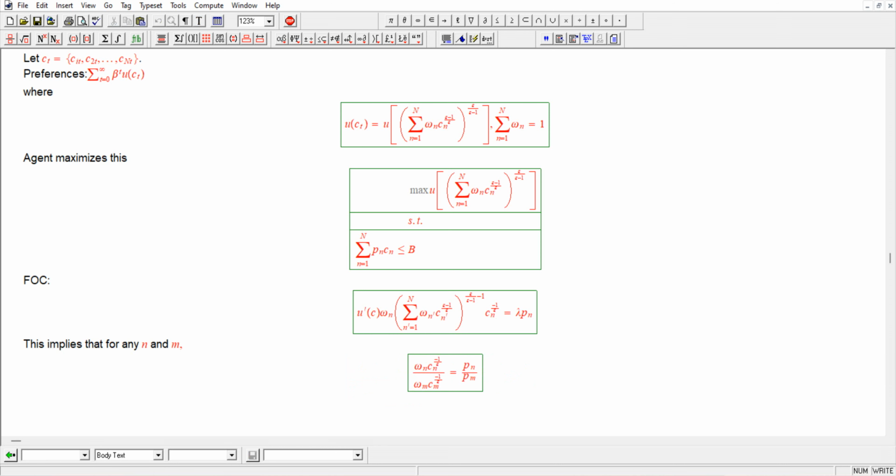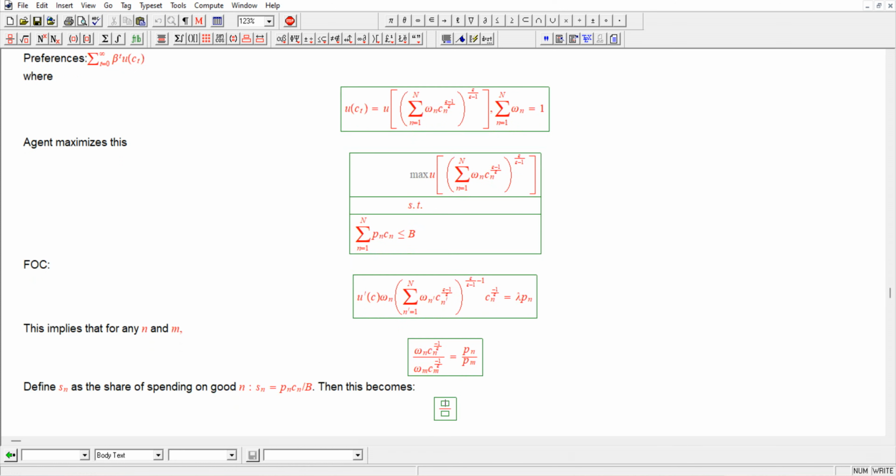Next, to talk about economic structure, we're going to measure economic structure using the share of expenditure on the different goods. So define S_n as the share of spending on good n. In other words, S_n is equal to P_n times C_n divided by expenditure B. Then this becomes the following.